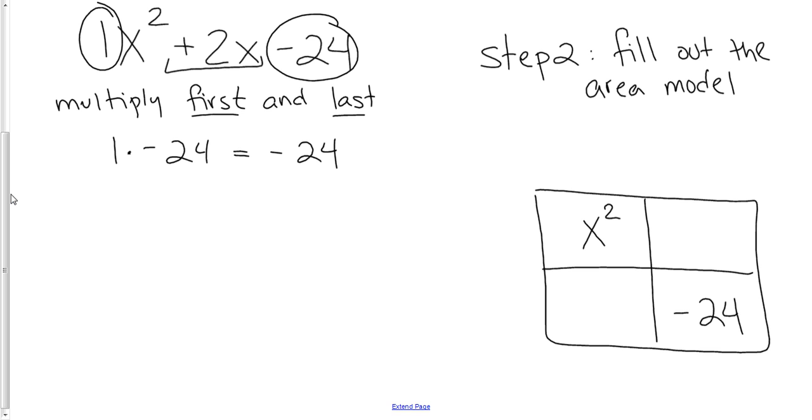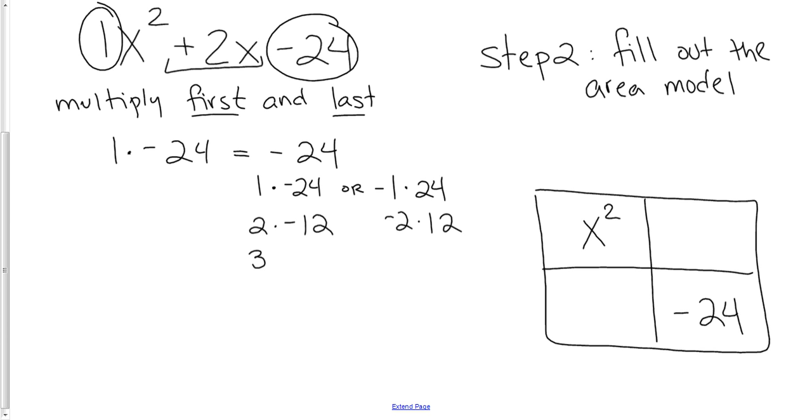And now we need to list the factors of negative 24. Now this can be a little bit tricky because it is a negative number. So when we list out the factors, we could do 1 times negative 24, or I could do negative 1 times positive 24. Both of those would get me to a negative 24. So going through this process, we'd also have 2 and negative 12, or negative 2 and positive 12.